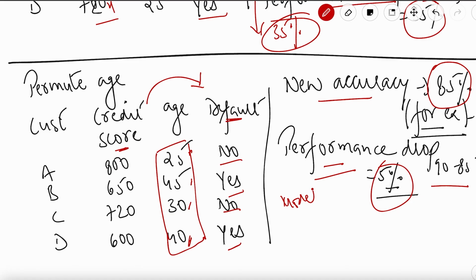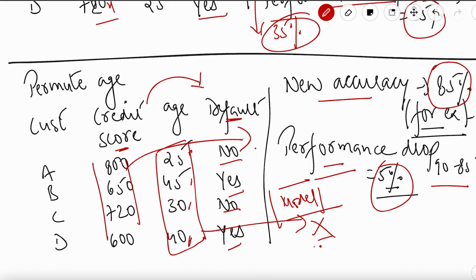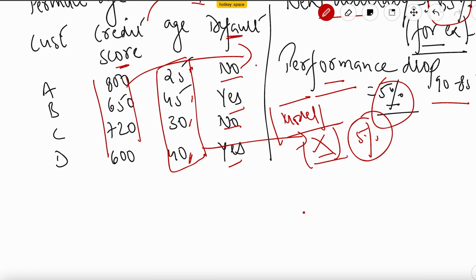So when we rearranged credit score, it impacted the performance, but when we rearranged age, it did not have a large impact. 5% is a pretty low impact. And why do we call it permutation? Now, where does permutation come into the picture here?